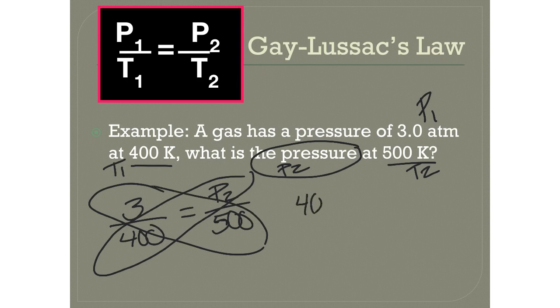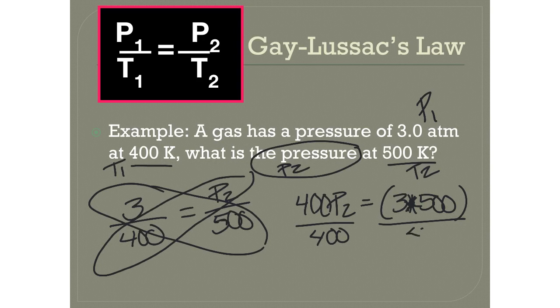So I can just set this up as 400 P2 equals 3 times 500. This is a times, sorry, not a dot. And so to get P2 by itself, I'm going to divide both sides by 400.